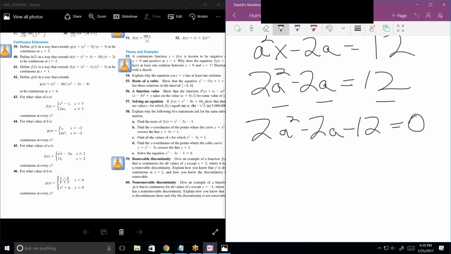Now, there's one further thing I can do to simplify this before I try to factor it. Take 2 out of everything. So if I factor out the 2, a squared minus a minus 6. And now notice that I can divide both sides by 2, and I get this equals 0.